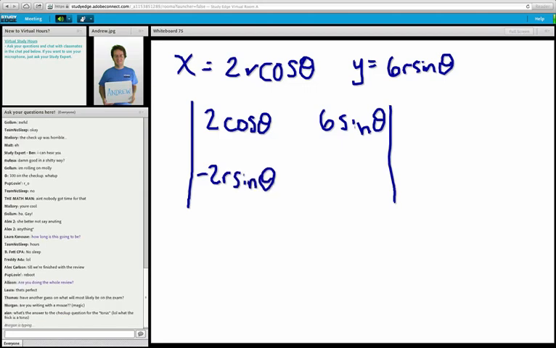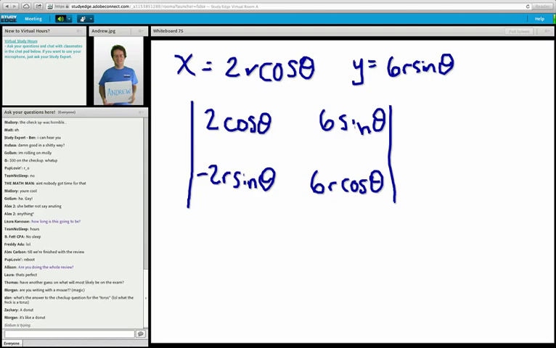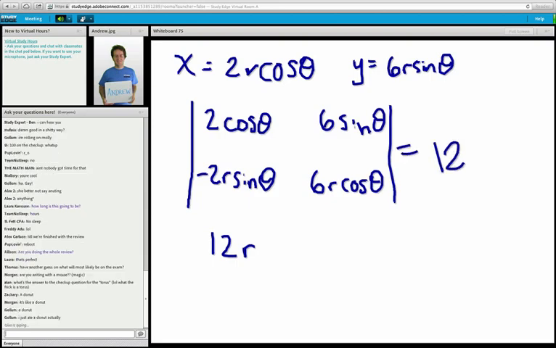And the derivative of 6r sine theta with respect to theta would be 6r cosine theta. Taking the determinant of this to get our Jacobian gives us 12r cosine squared plus 12r sine squared, which is just going to come out to be 12r. Cool, so that's your Jacobian.